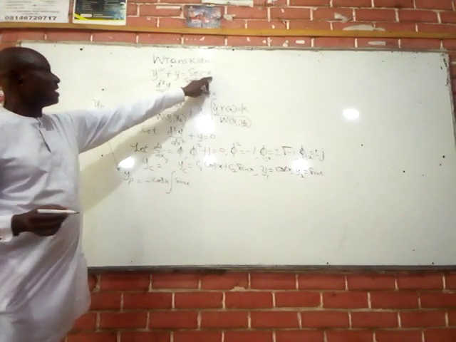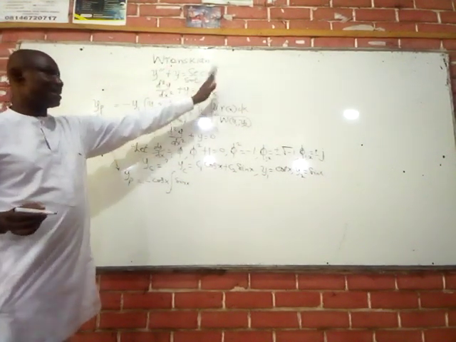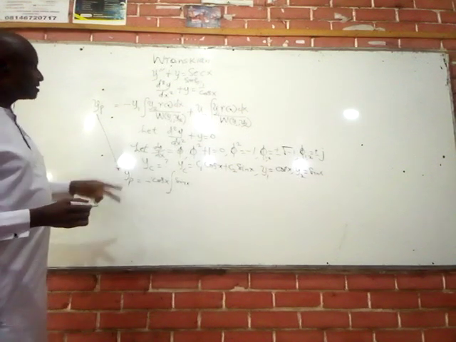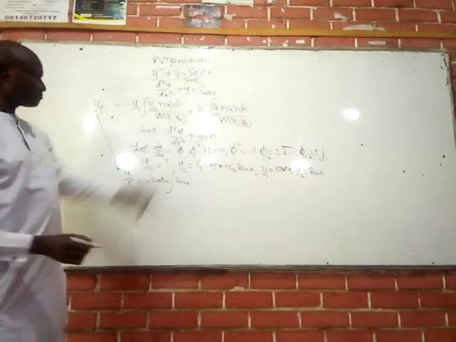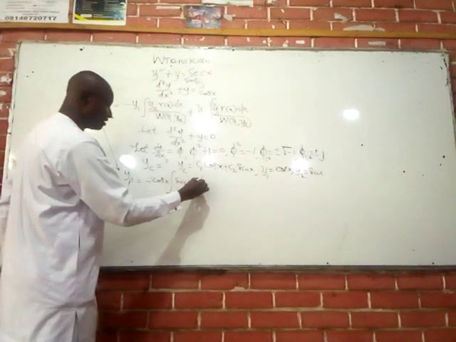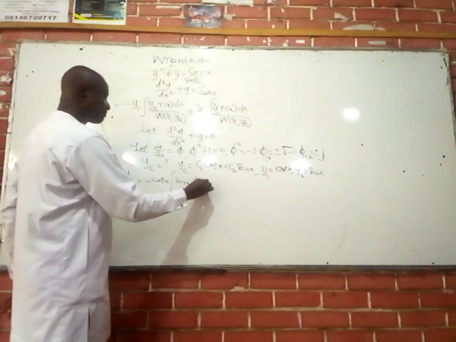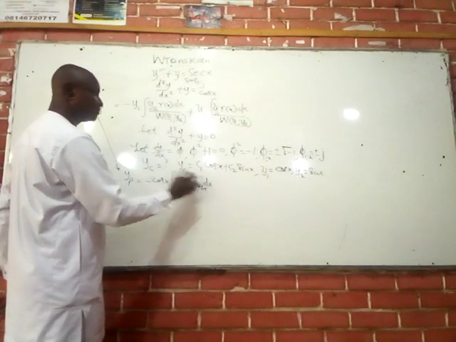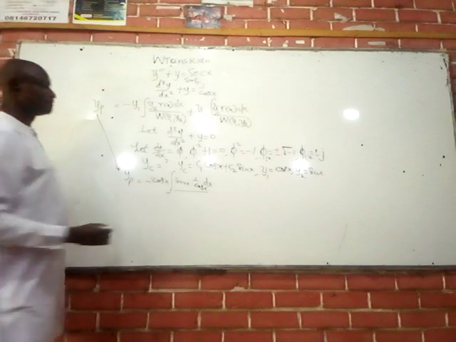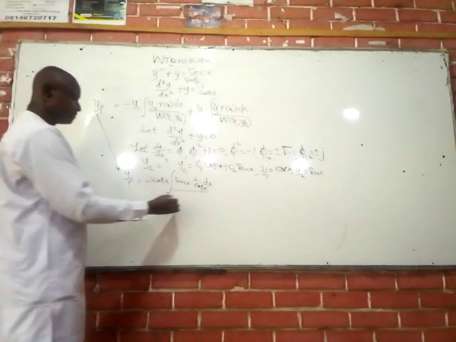RS is secant x at the right hand side, and secant x implies 1 over cos x. Multiply by 1 over cos x dx. Without the differential, you cannot integrate. Divided by the WRONSKIAN.